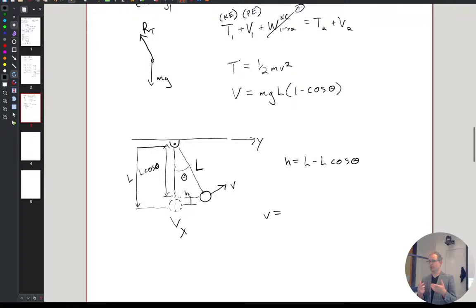How are we tracking its motion? Some kind of rotational, spherical or polar coordinate, with this theta and r coordinate system. So we can just look up what the speed is in a polar coordinate system.